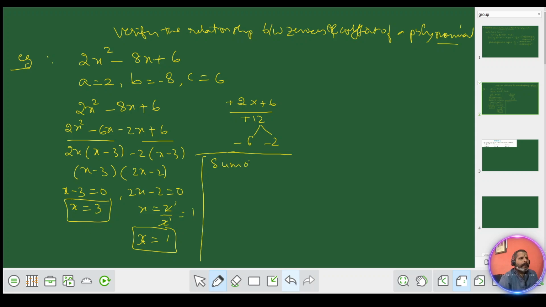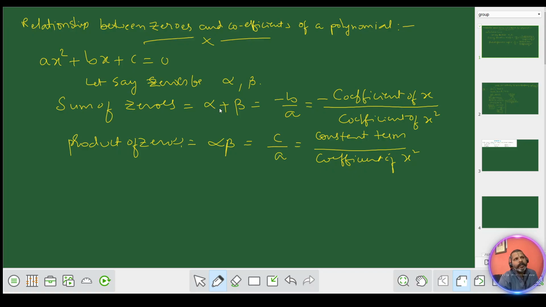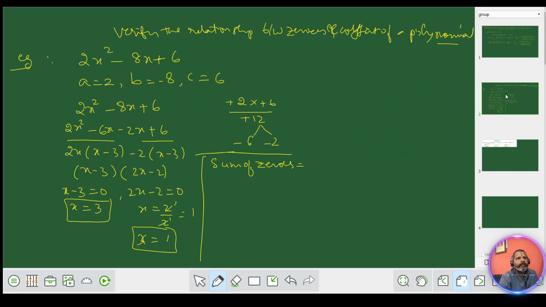See, sum of zeros. What is the sum of zeros? We have seen the sum of zeros is alpha plus beta, equal to minus b by a. Alpha, beta are the zeros here. So minus b by a is the formula. Let's take the sum of zeros. The actual zeros we got are 3 and 1, right? 4 it will be.